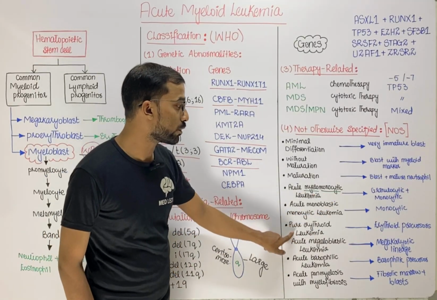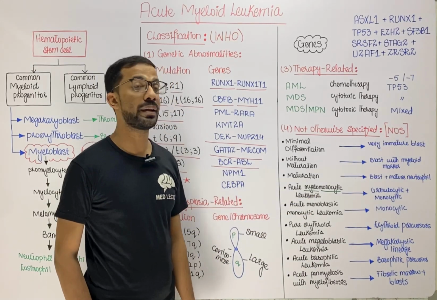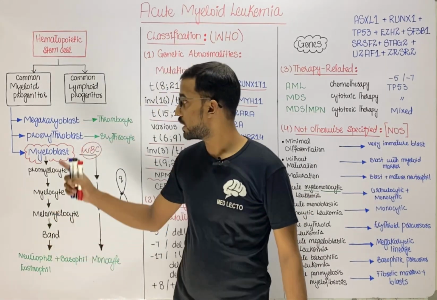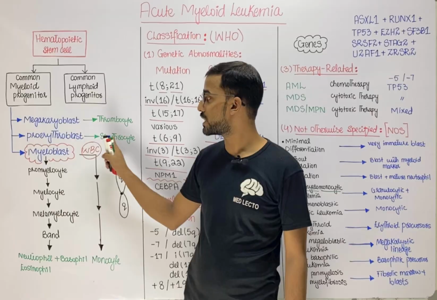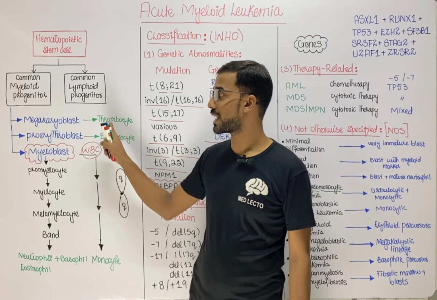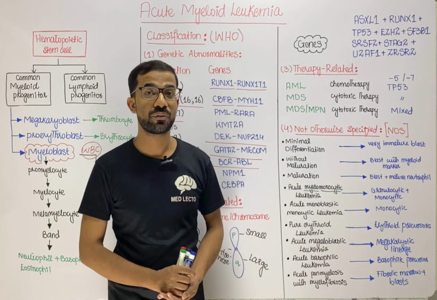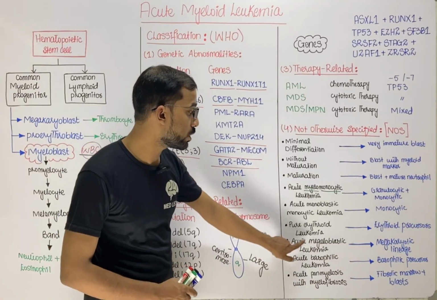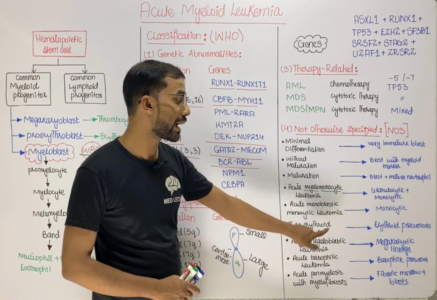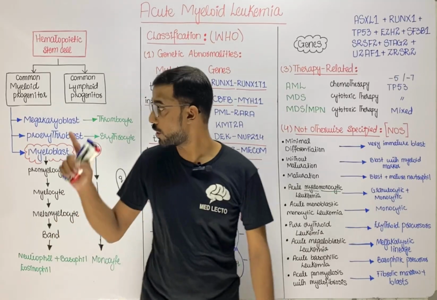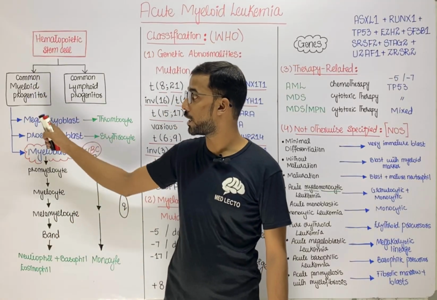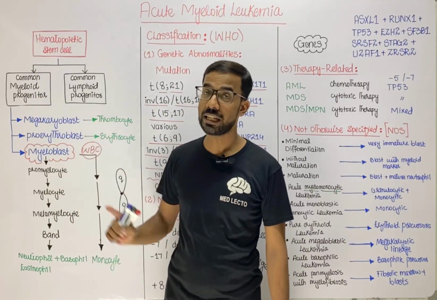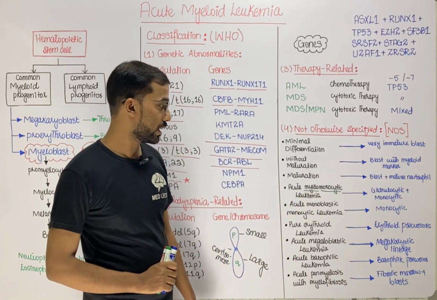Pure erythroid leukemia has erythroid precursors, because from the proerythroblast you will see the formation of the erythrocytes, and in between you will see different immature erythrocytes. Next is acute megakaryoblastic leukemia, where the megakaryocytic lineage is also derived from the common myeloid progenitor. So all the lineages can be affected.